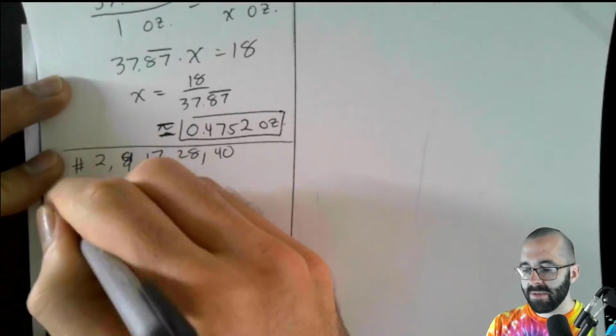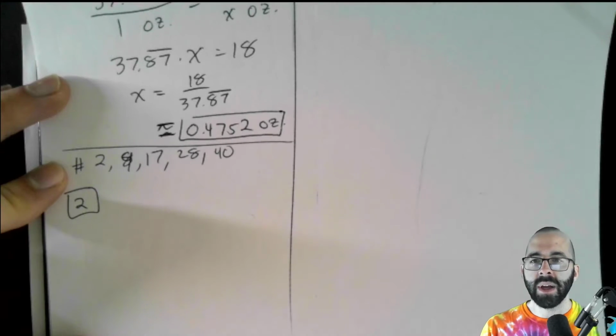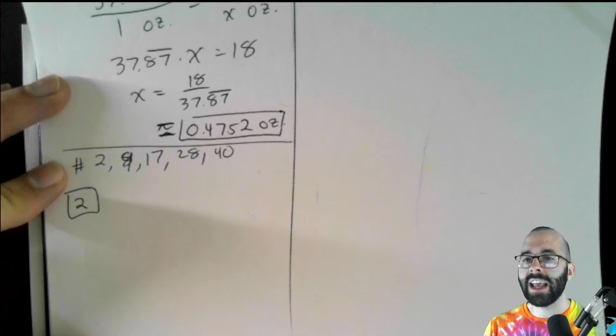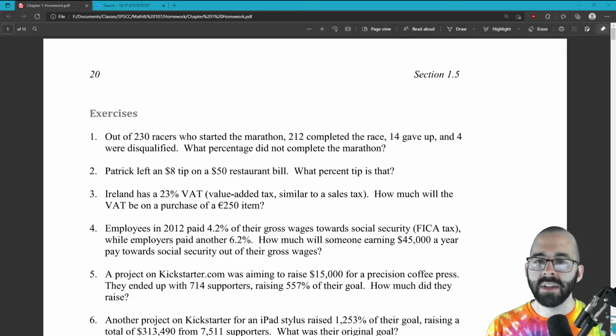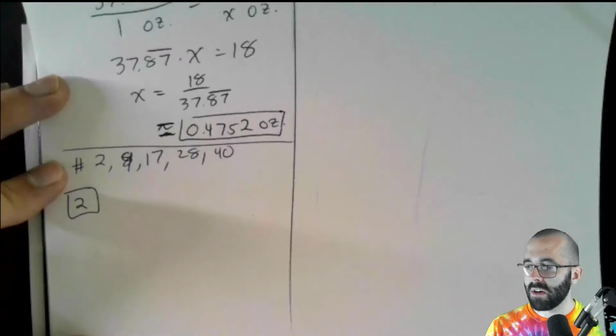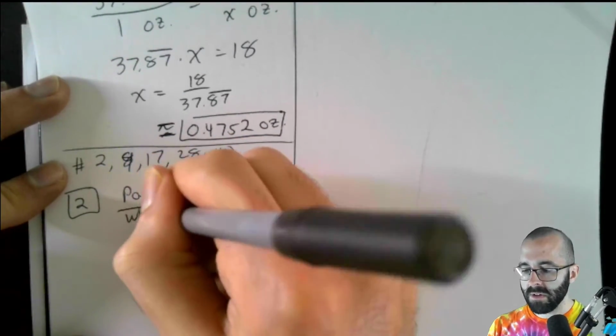So what we have right here, let's look at problem number 2 on the homework assignment. In problem number 2, we've got Patrick, and Patrick is leaving an $8 tip on a $50 restaurant bill. The question is, what percent tip is that? So percent is part divided by whole. So we're going to say part over whole.